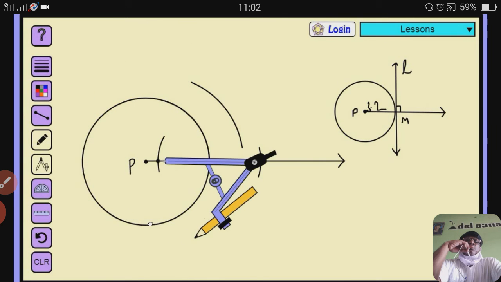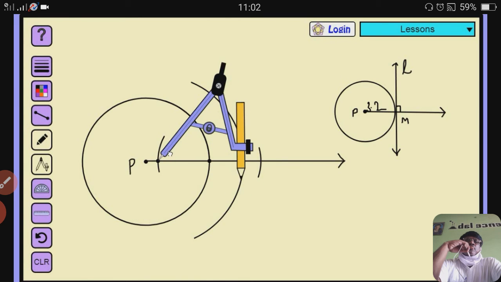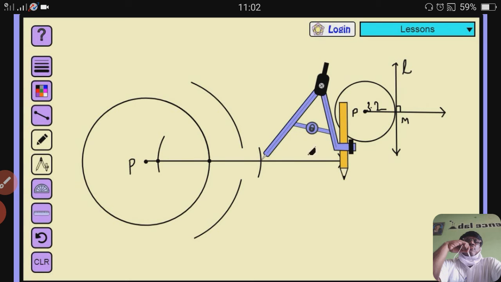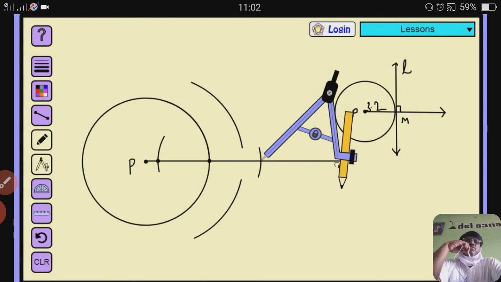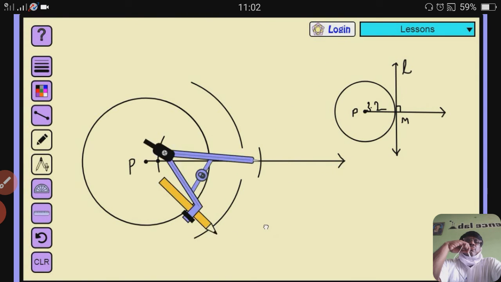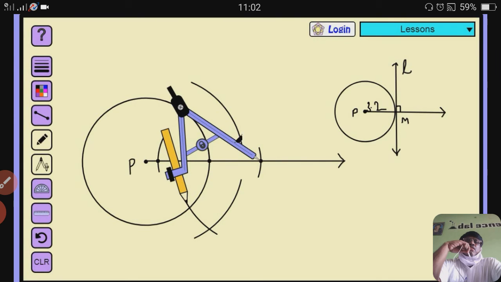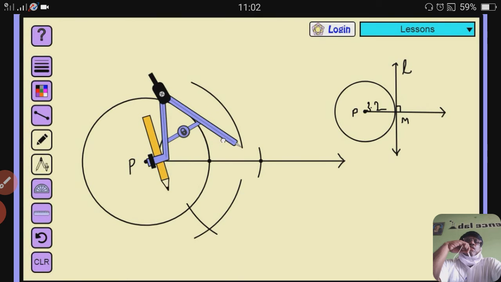Draw arcs above the ray and below the ray. Move the point outside the ray of the circle and intersect the arcs above and below.